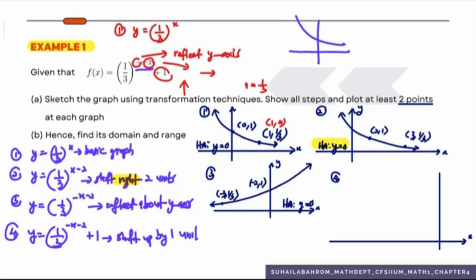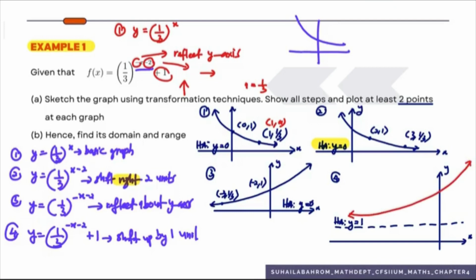Since there is a change in the y coordinate, there will be a new horizontal asymptote, which is the line y is equivalent to 1. It is compulsory for you to draw the new horizontal asymptote, because there is a change. Therefore, the new graph will be something like this.